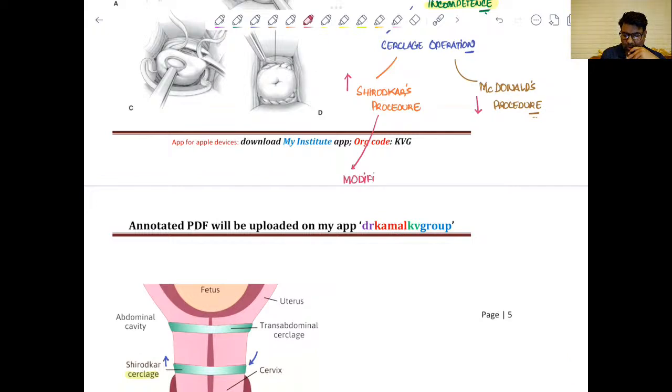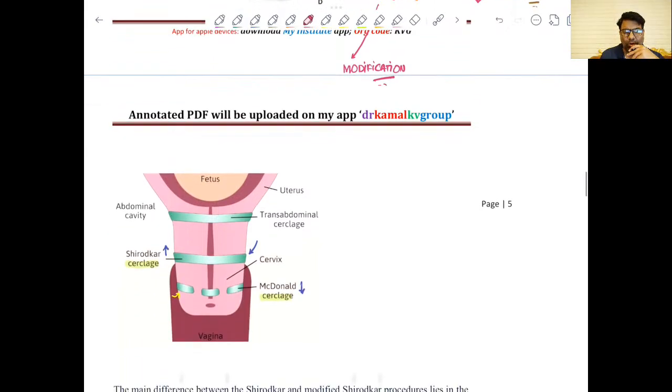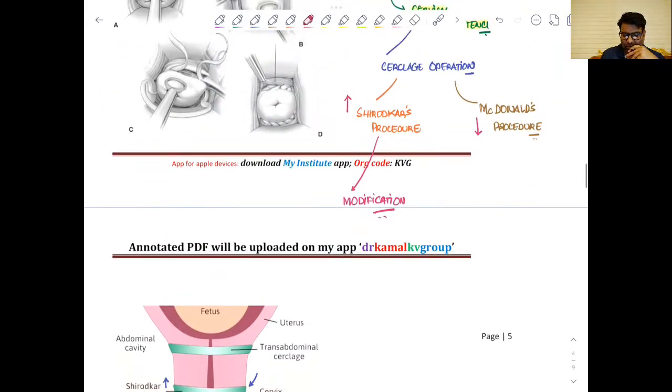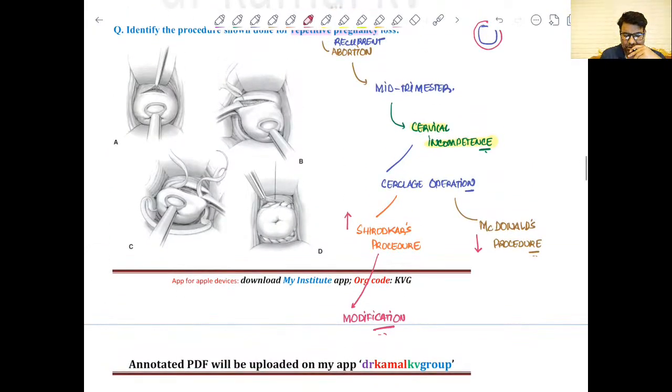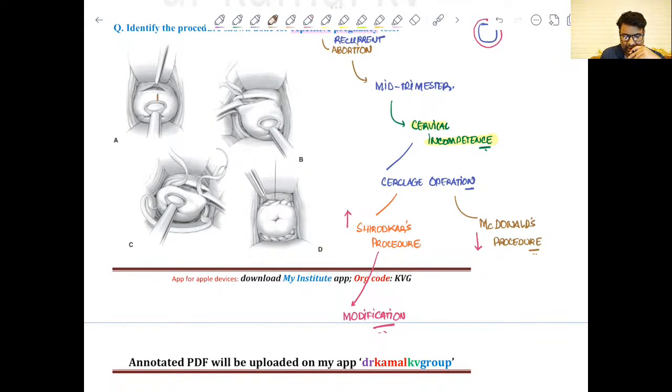So the original surgical technique has been modified. Now let us see what this modification actually is, because when we were doing the original Shirodkar procedure, we were doing a lot of dissection anterior and posterior to the cervix, but in the modification we restrict ourselves to the anterior aspect, and the sutures are buried.